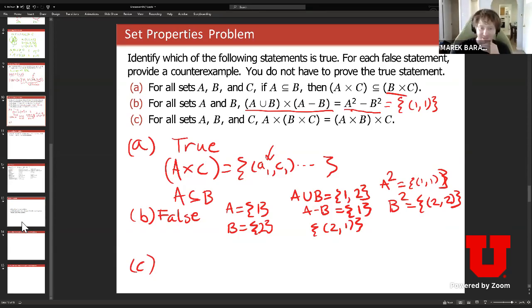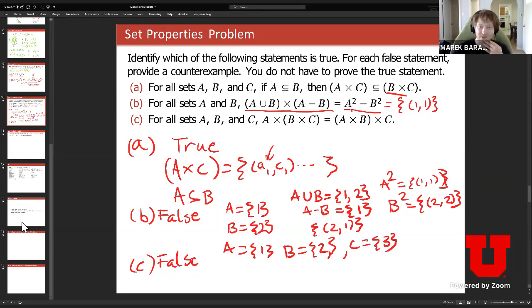In the interest of time, I'll write this. So this is false, and we can use just A equals the set of 1, B is equal to the set of 2, and C is equal to the set of 3.